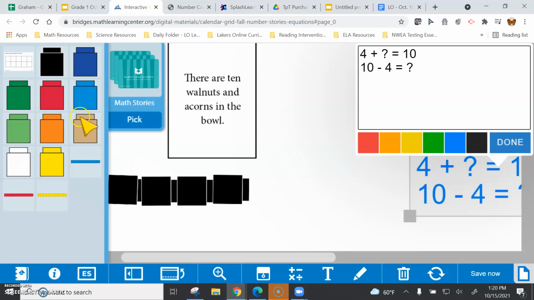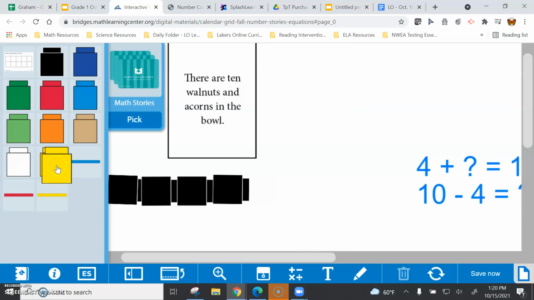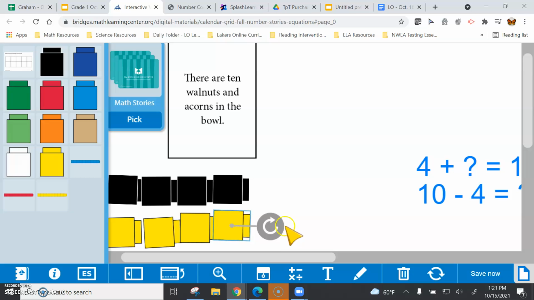Here's what I'm going to do. If we already have 4, let's see if we can figure out what that number would be. We have 4. We'll add on 5, 6, 7, 8, 9, 10.